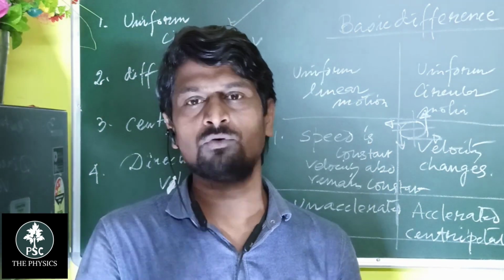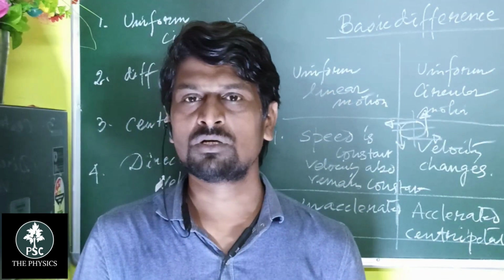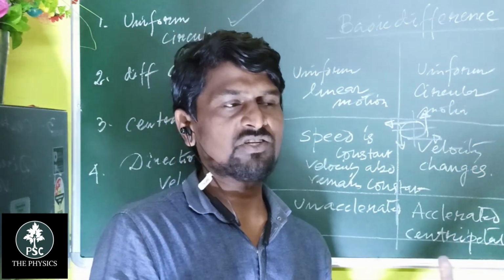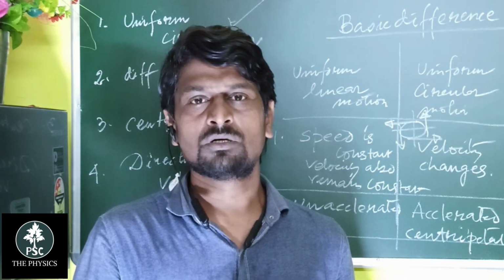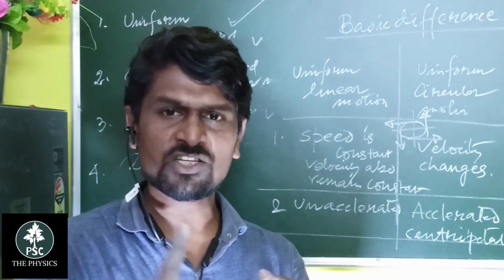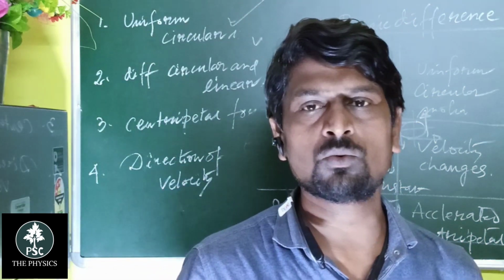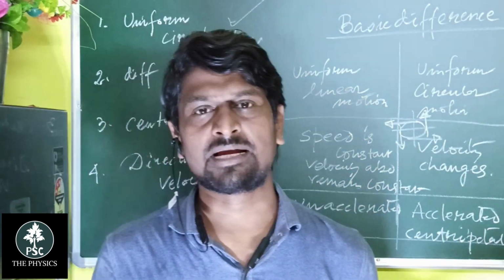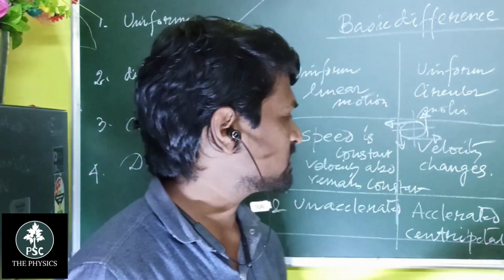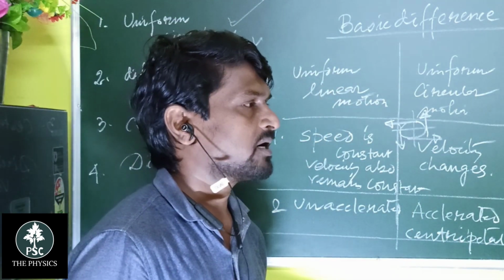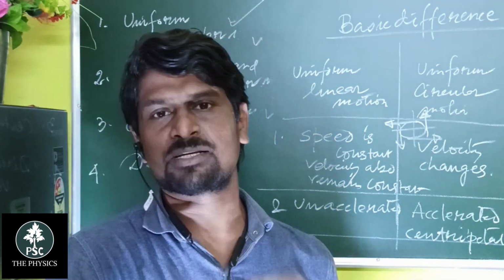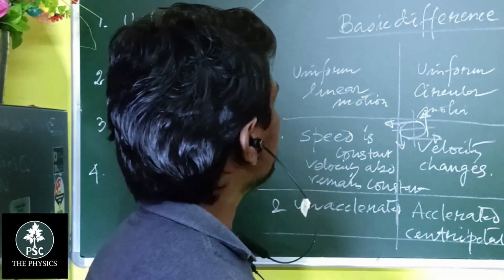So this is central force. Frictional force and gravitational force are all central forces. But frictional force, if we walk on the ground, then a frictional force acts, and this is not central in nature. But centripetal force is a basic property which is always directed to the center. Okay, so this is the basic difference.